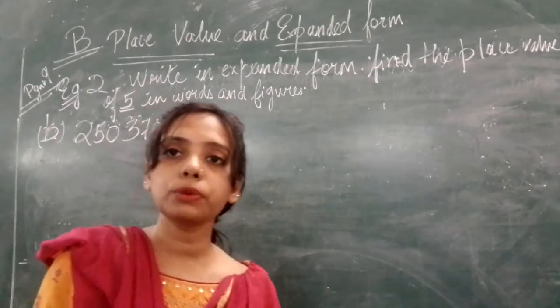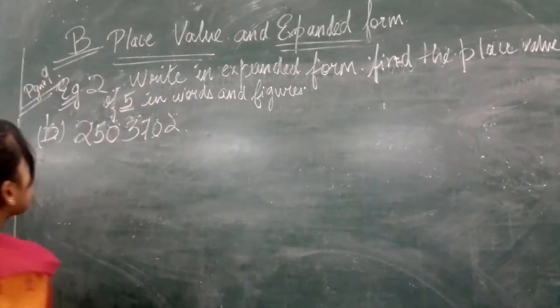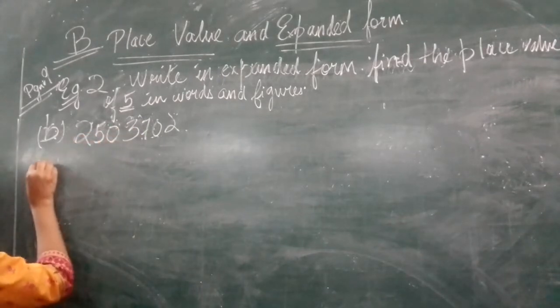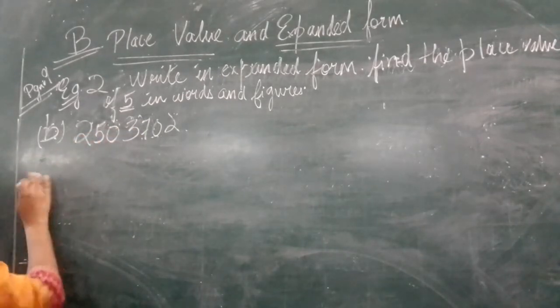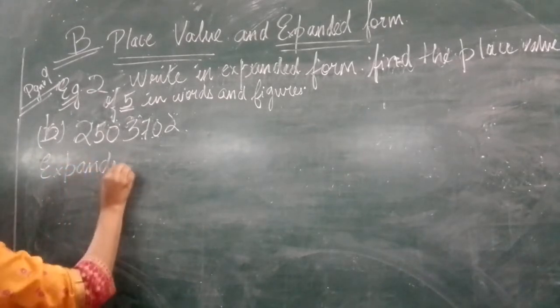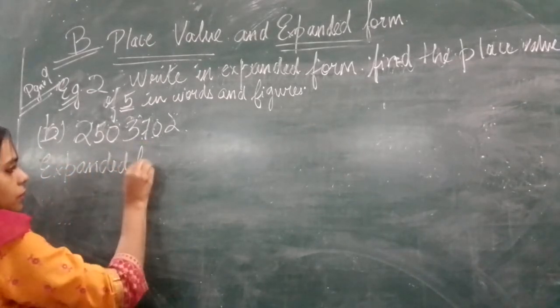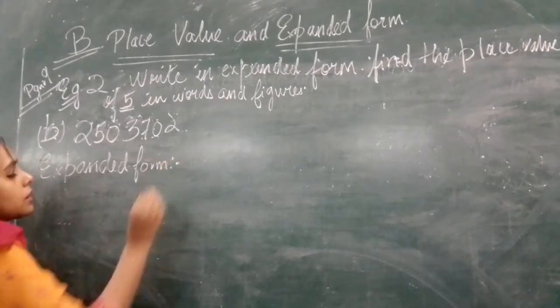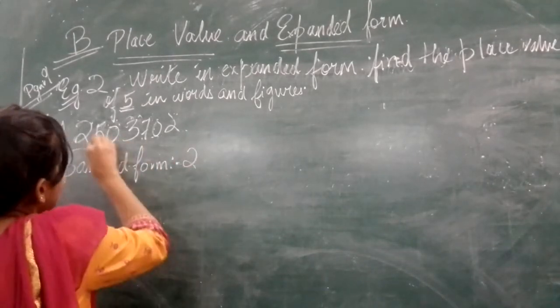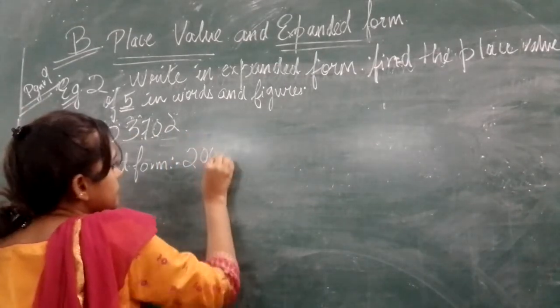I hope you can write the expanded form here. Look here, again the expanded form. What will you write here? Expanded form. Then 2, as many digits, as many zeros.